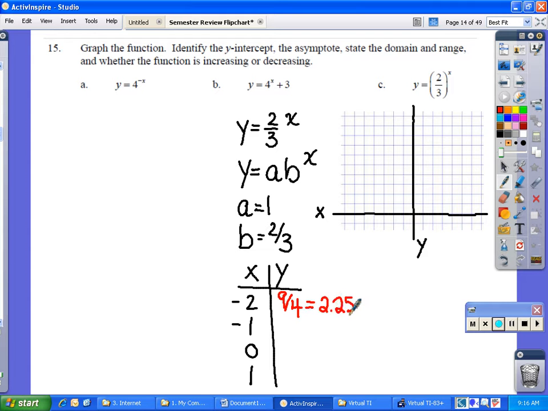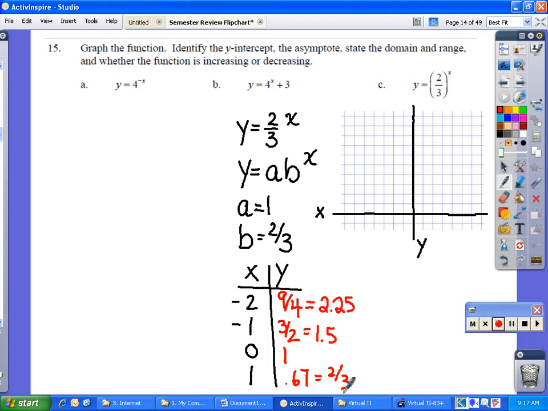If you plug in -1 for x, the reciprocal of 2/3 is 3/2, which is 1.5. 2/3 to the 0 is 1. 2/3 to the 1 is 0.67.